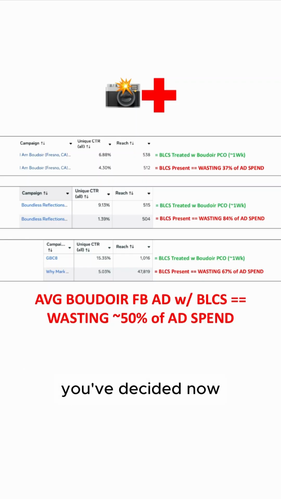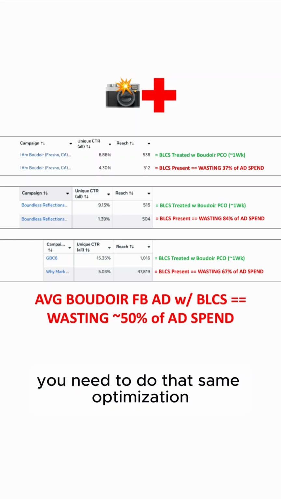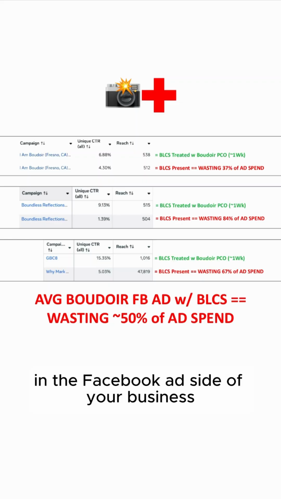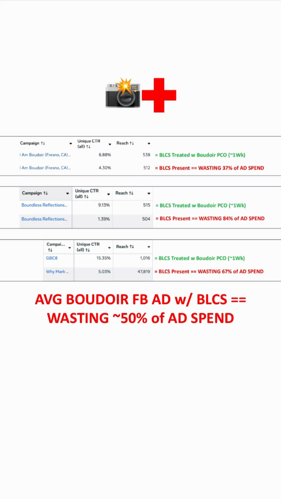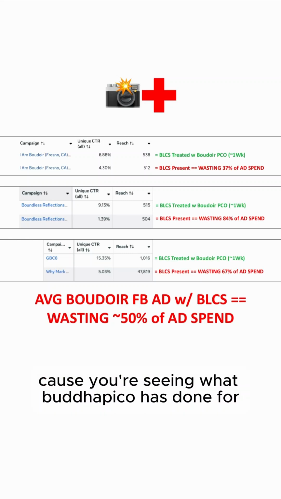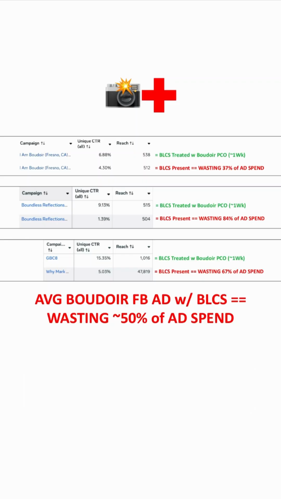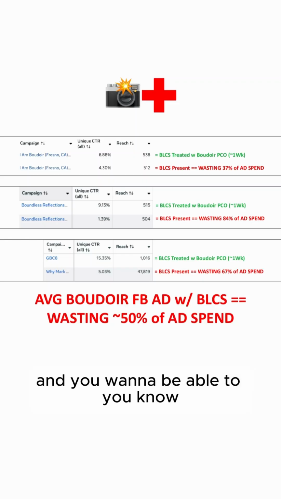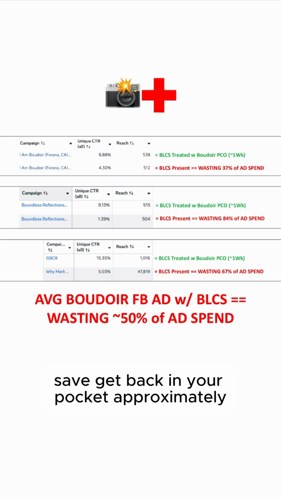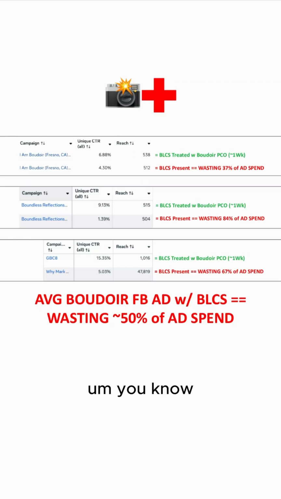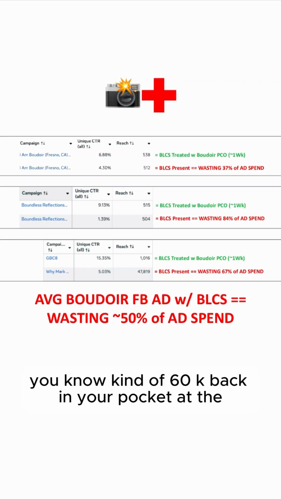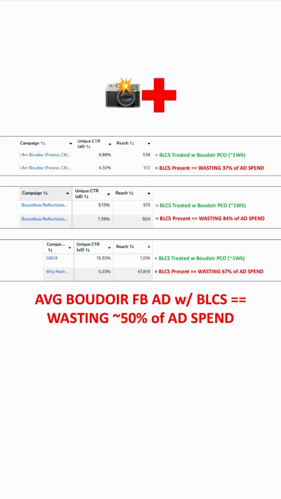You've decided now you need to do that same optimization in the Facebook ad side of your business, because you're seeing what Boudoir Pico has done for other people's Boudoir Facebook ads, and you want to get back in your pocket approximately 5K every single month, or kind of 60K back in your pocket at the end of the year.